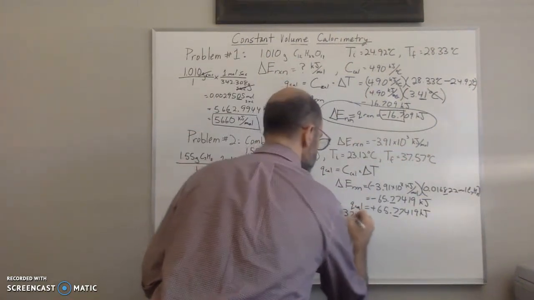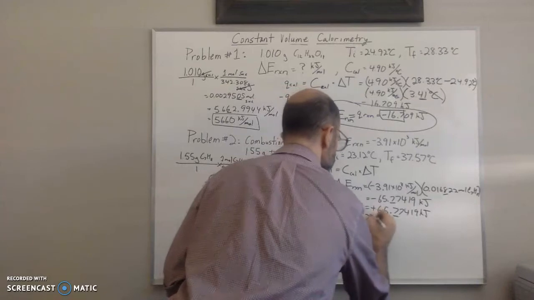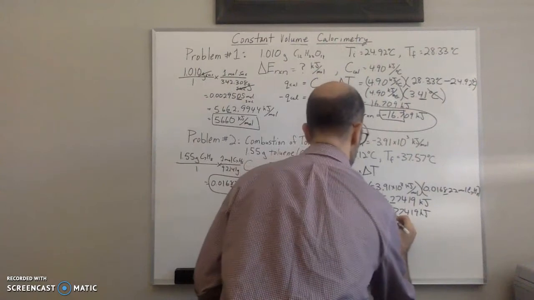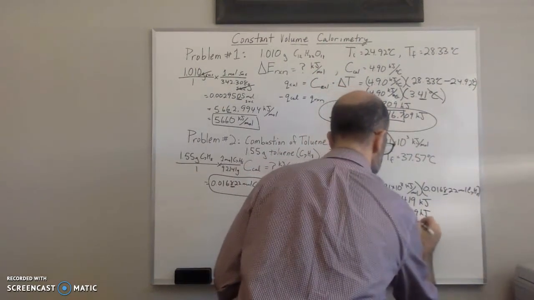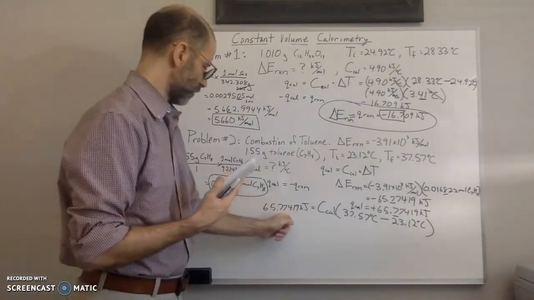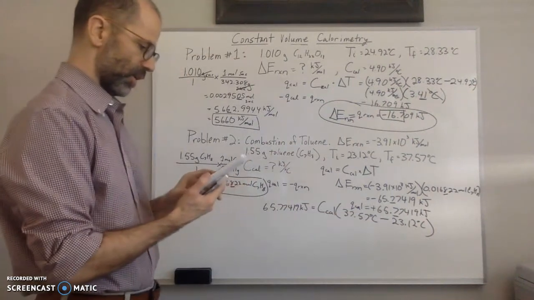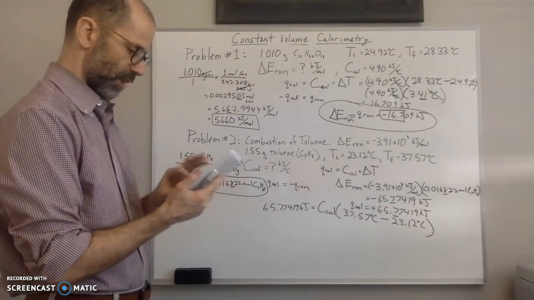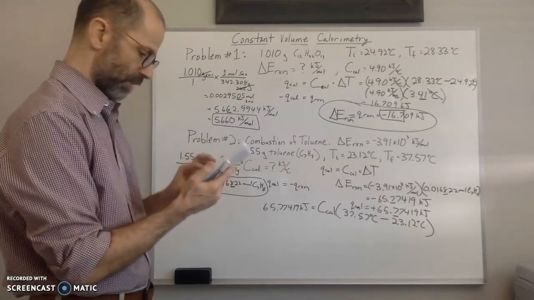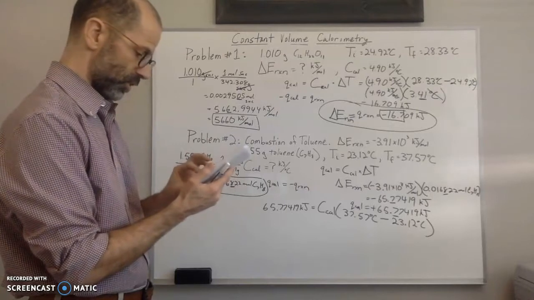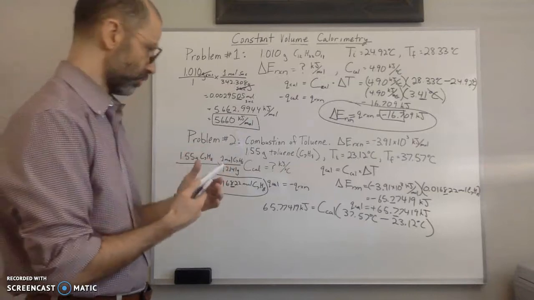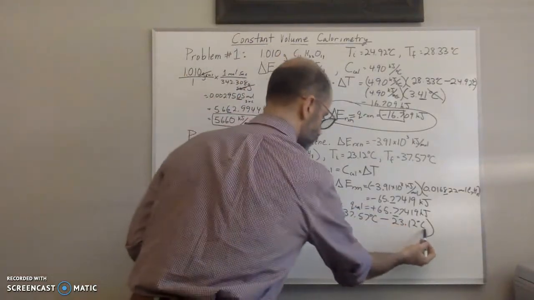So you have 37.57 degrees Celsius for the final temperature minus the initial temperature, which is 23.12 degrees Celsius. And so you can take this number and divide it by the difference here. So we're going to divide it by 37.57 minus 23.12 equals, and notice that we have degrees Celsius.